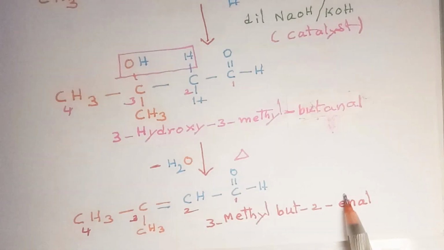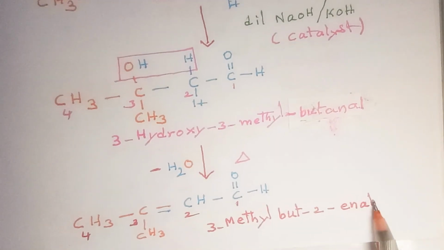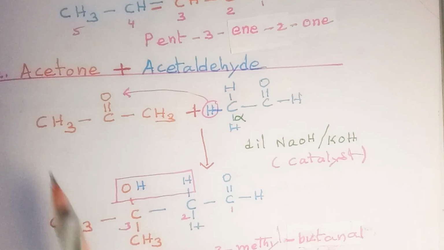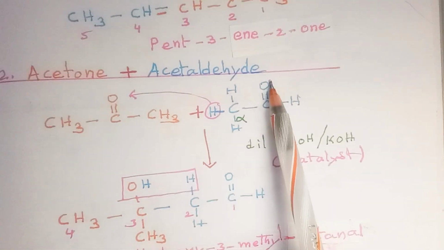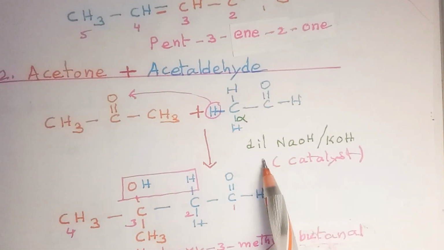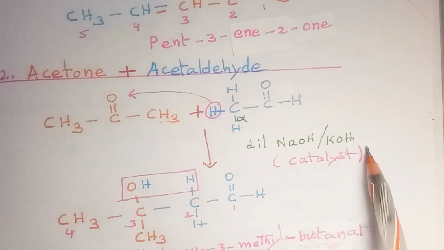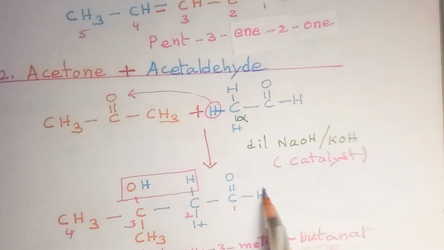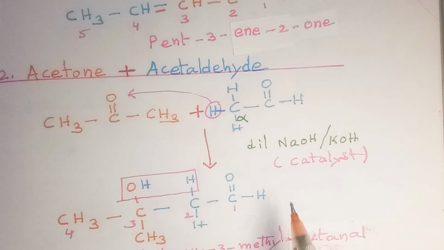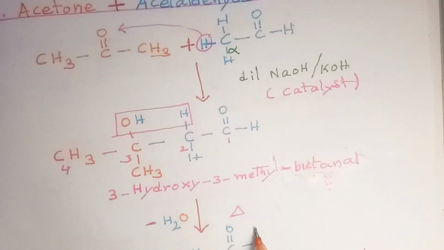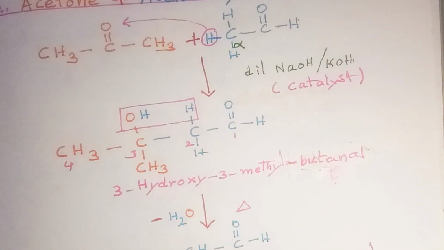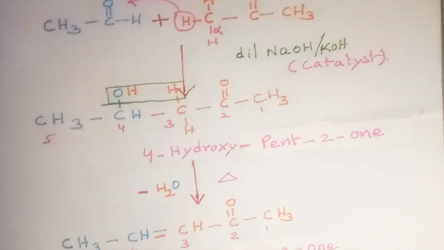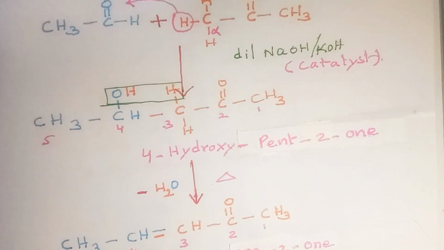This is the aldol condensation product when acetone and acetaldehyde are reacted together in presence of dilute alkali like sodium hydroxide or potassium hydroxide, and heated. This is the product we get.